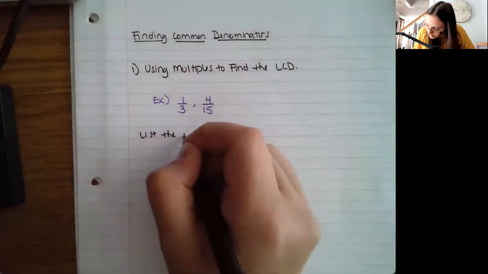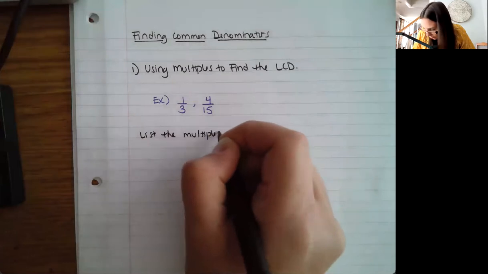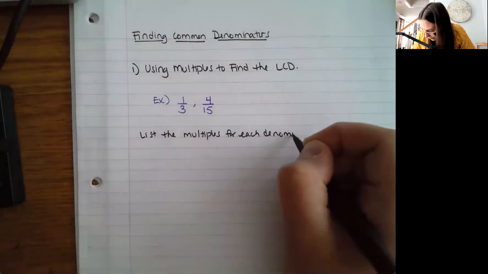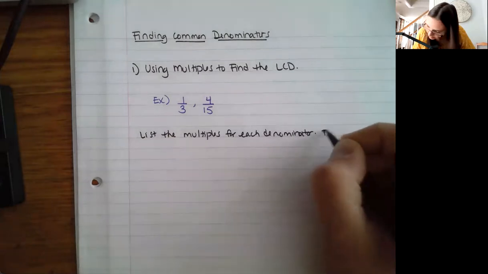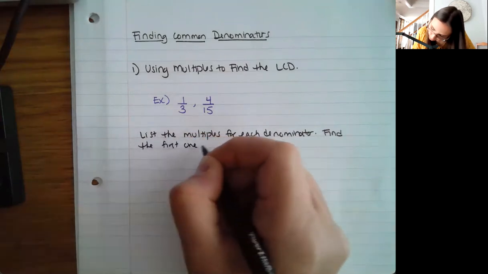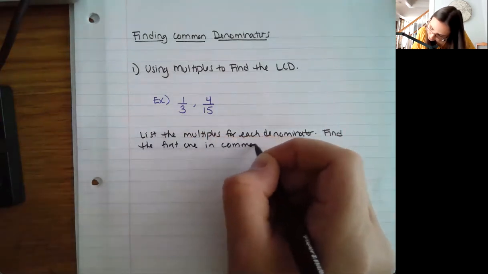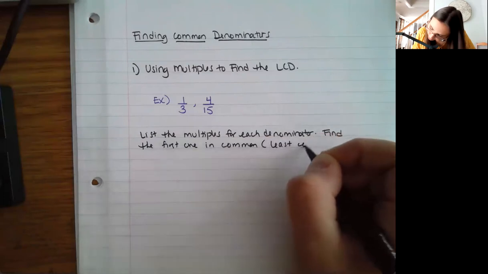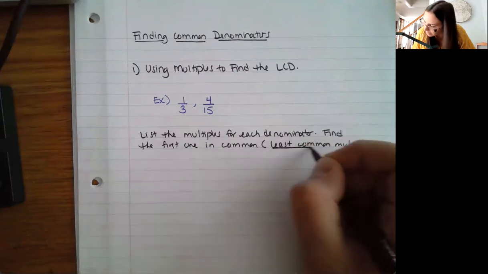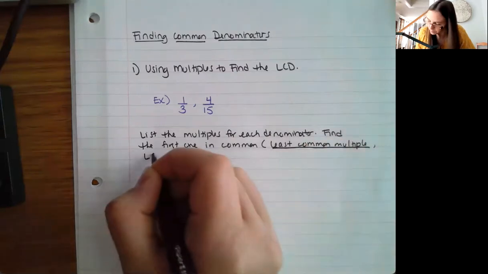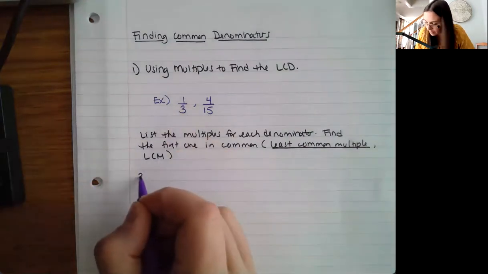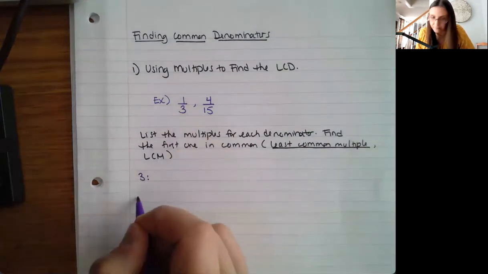So what you do is you're going to list the multiples for each denominator and find the first one in common. This is actually called the least common multiple, or we'll say LCM. All right, so my first denominator is 3, and then my other denominator is 15.